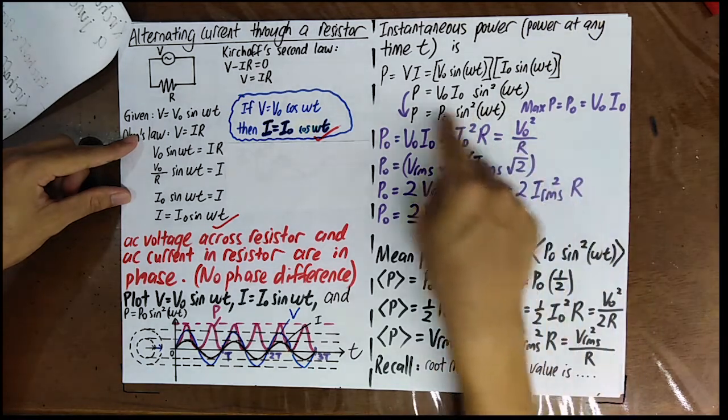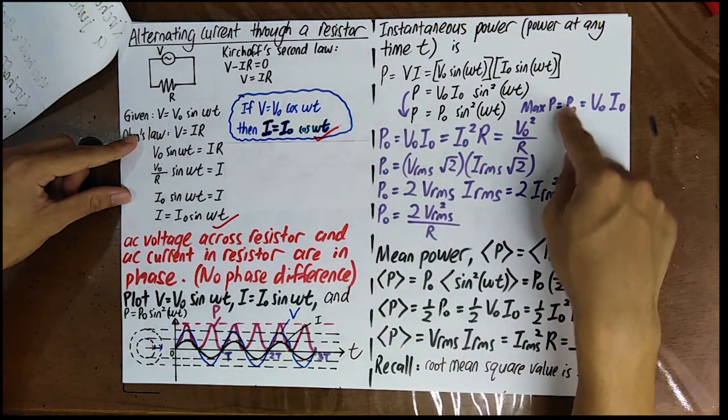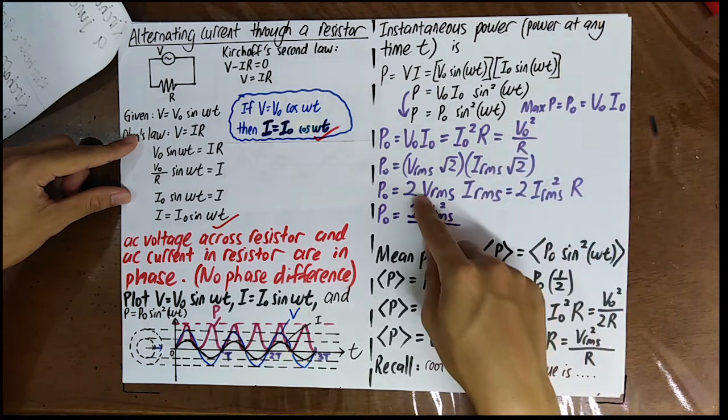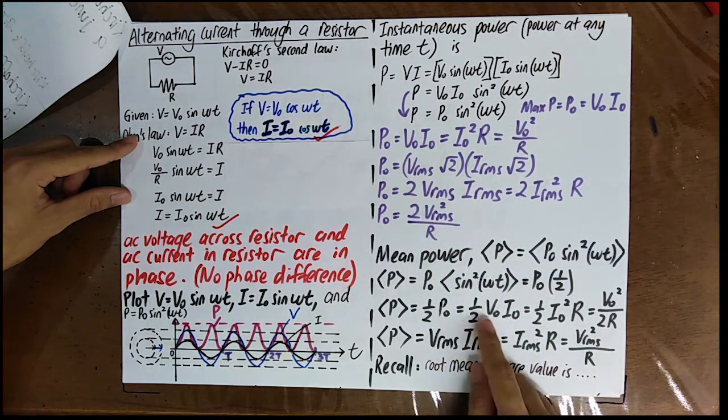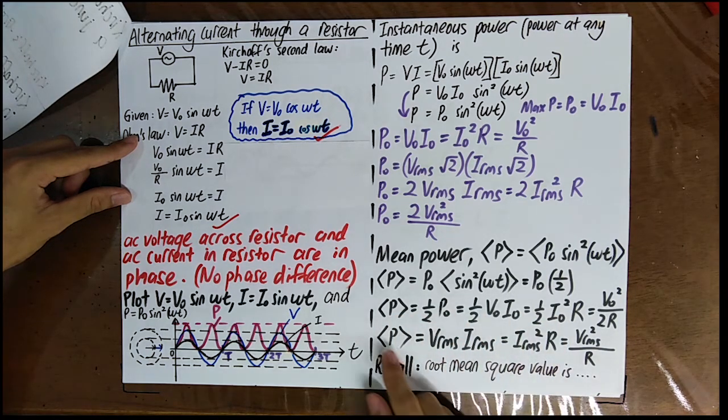That means whatever answer you have got for the maximum power just now, you divide it by 2, then it becomes your mean power. So you know that mean power equals Vrms Irms.